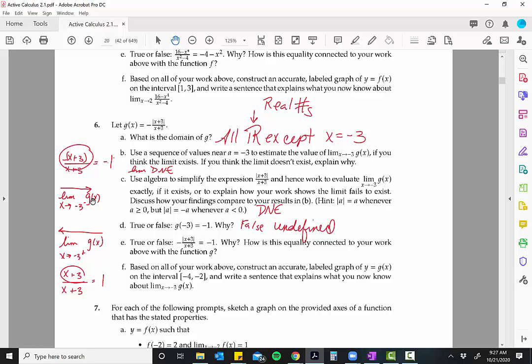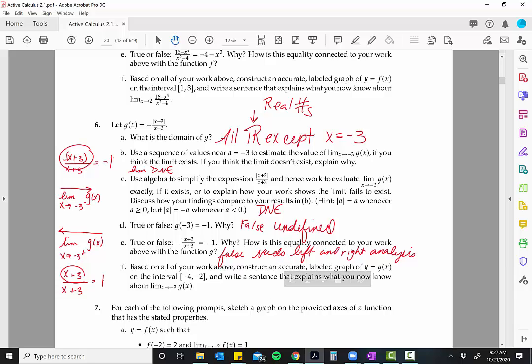How is this equality connected to your work above with the function g? It equals negative 1 when x plus 3 is positive, and it equals positive 1 when x plus 3 is negative. So this is false. It needs more. It needs left and right analysis. We can't just say it equals negative 1.